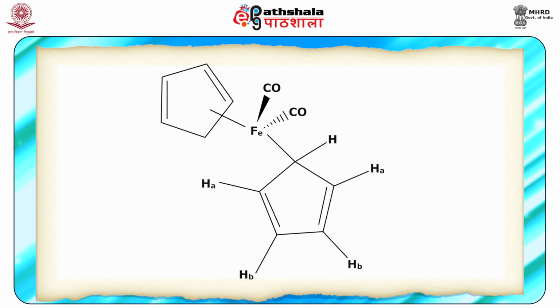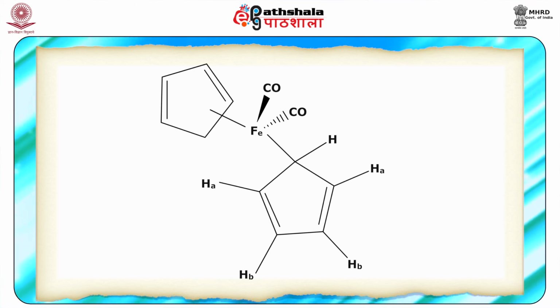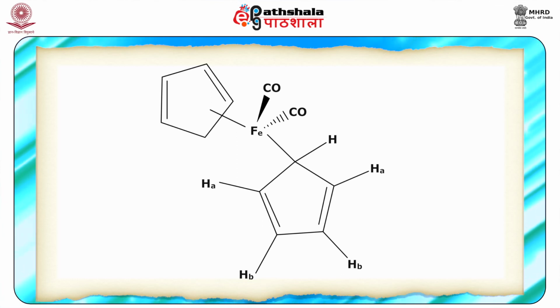The singlet assigned to the eta 1 C5H5 ligand splits at low temperatures owing to the slow hopping of the iron center from carbon to carbon in the eta 1 C5 ligand.